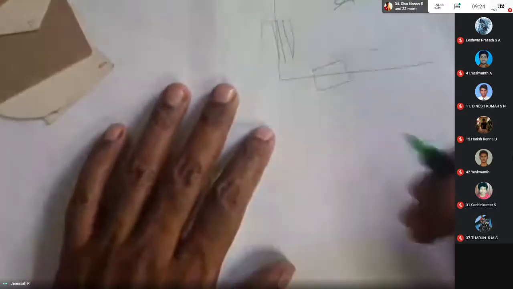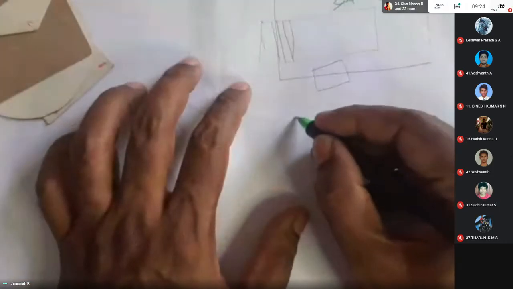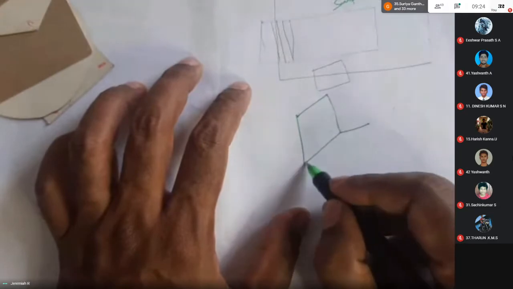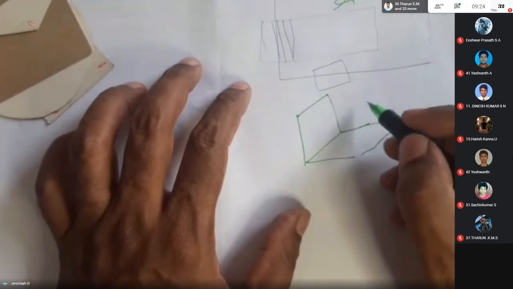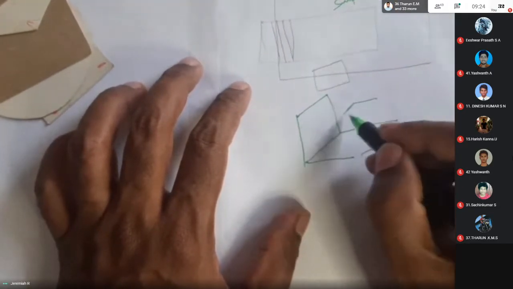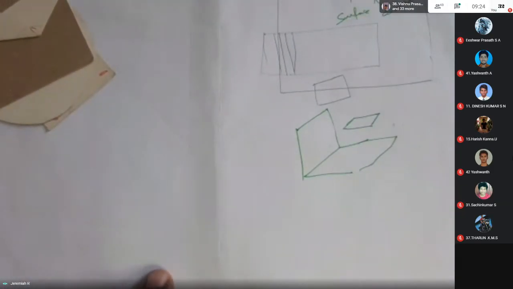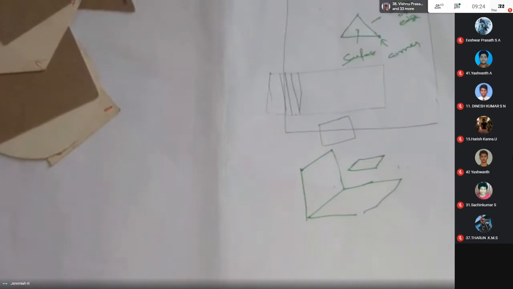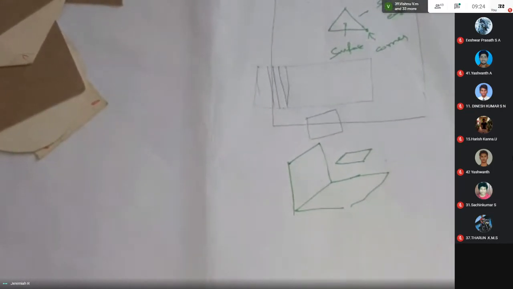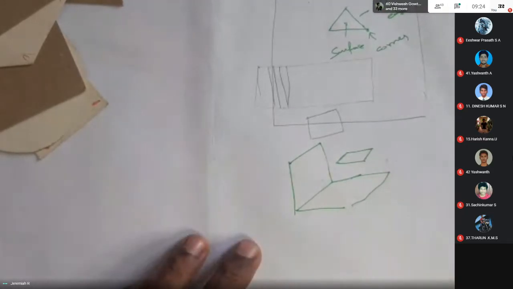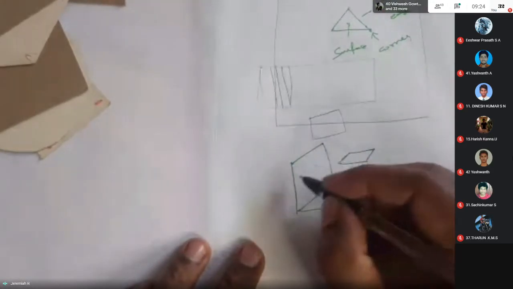For example, just imagine a square. Is it visible?